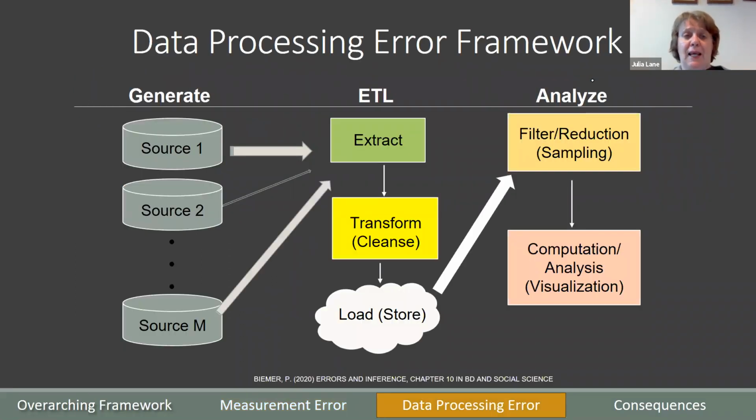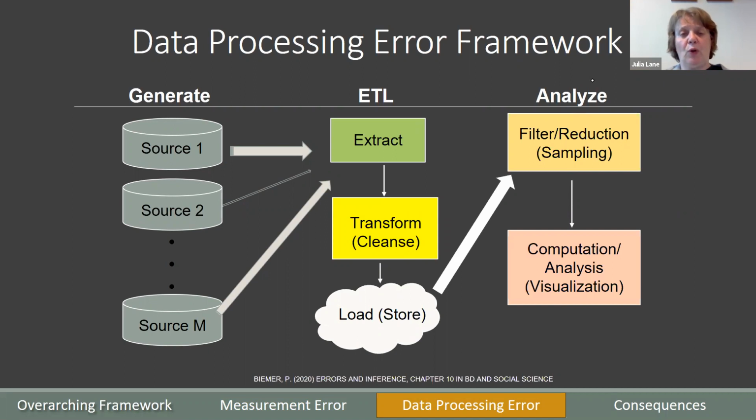So related to that is thinking about the data processing error framework. Paul Beamer does a very nice job of this in your textbook. I've spent a bit of time talking about the way in which the data are generated. Are they generated from sources that are high quality? How are they extracted and transformed?